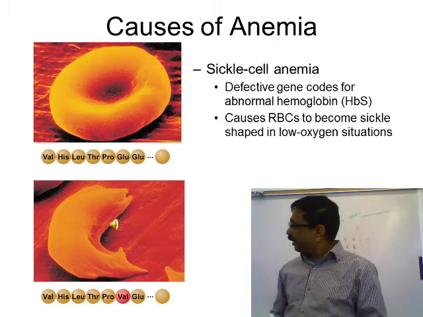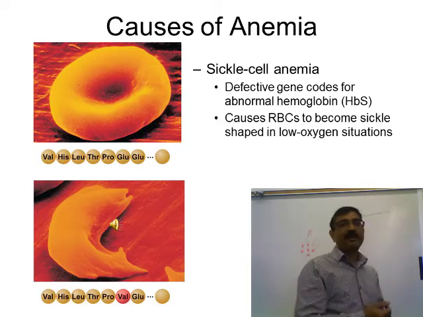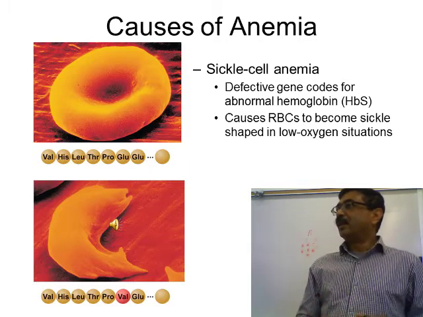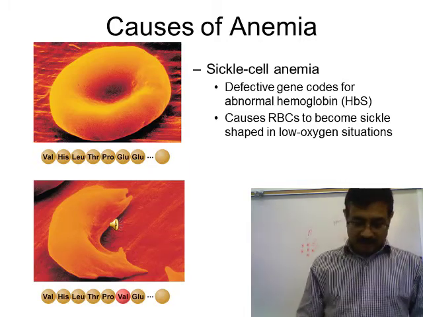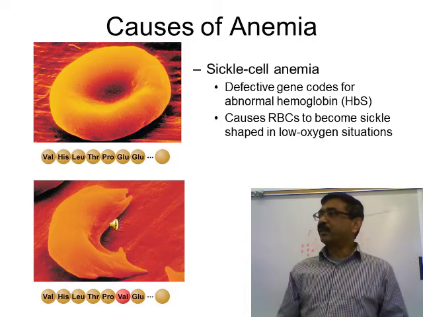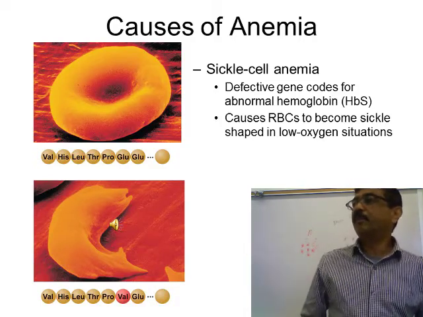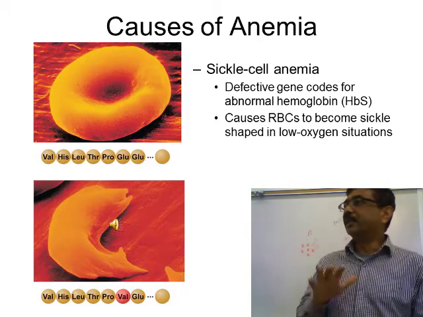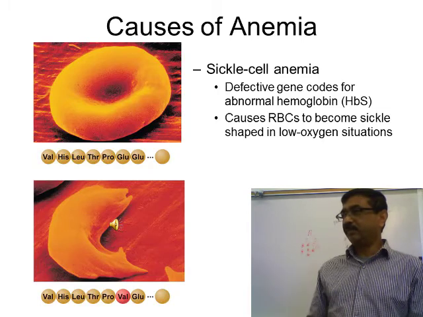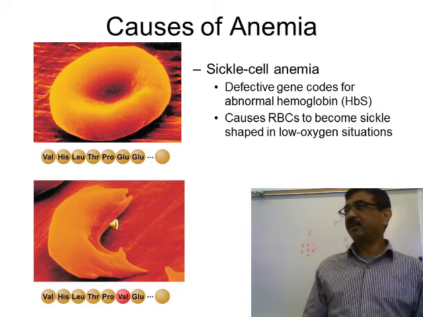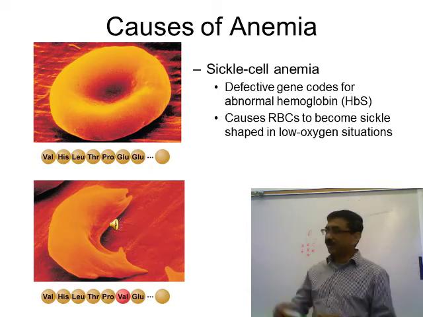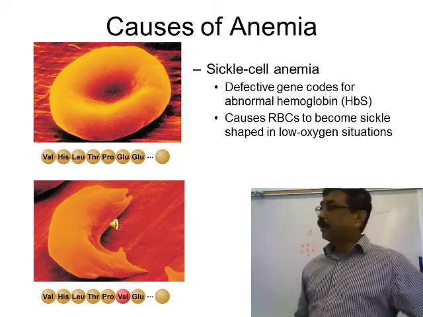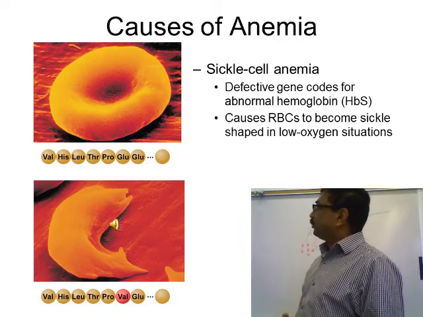And that hemoglobin cannot carry oxygen. And this sickle cell anemia occurs more in African blacks. This is a genetic disorder. Genetically, this globin chain could be faulty. Okay.